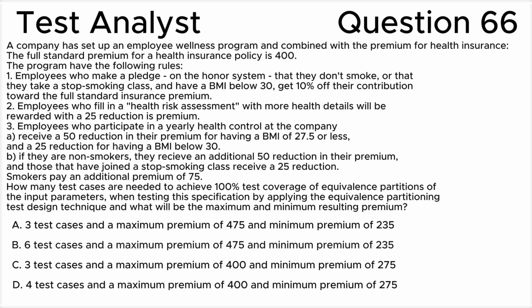1. Employees who make a pledge on the honor system that they don't smoke or that they take a stop smoking class and have a BMI below 30 get 10% off their contribution toward the full standard insurance premium. 2.